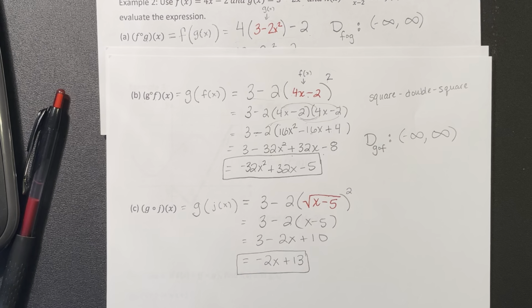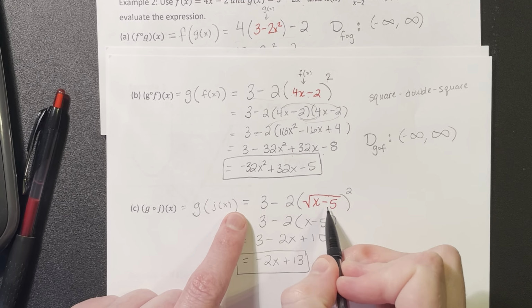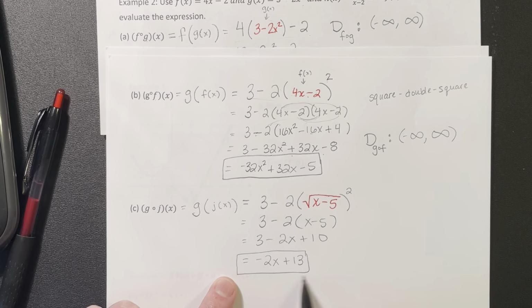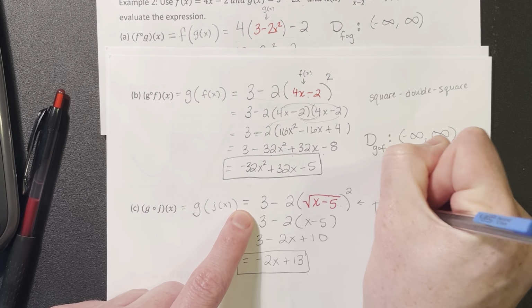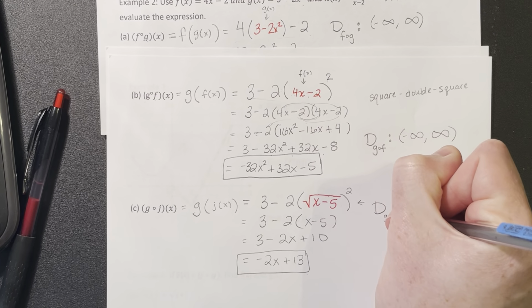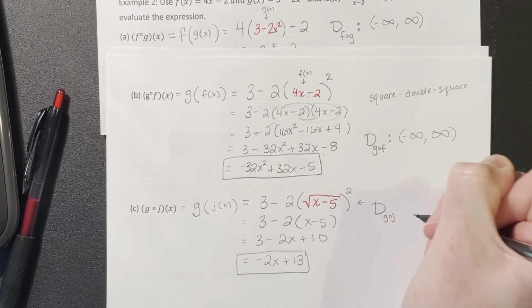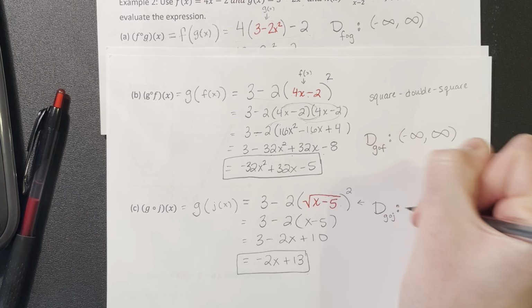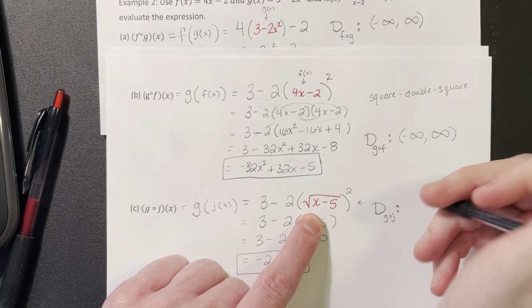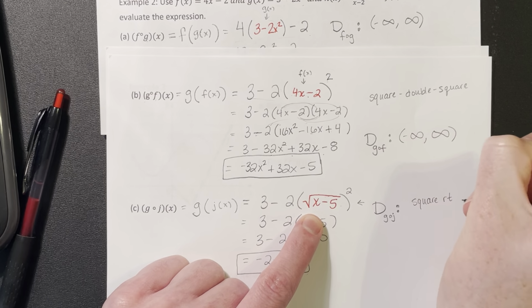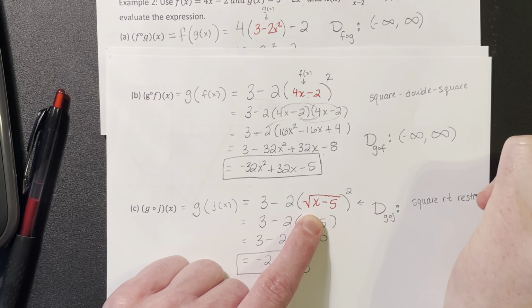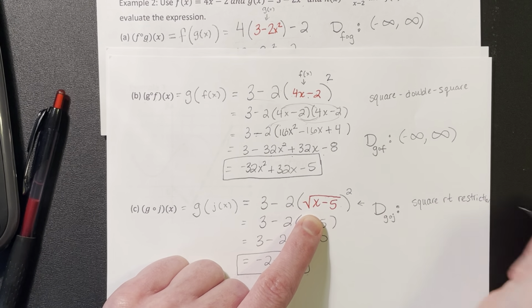And this is why it's important to look back at the original, because if you only look at the end, it looks like there's no restriction because it's a linear function, but there is a restriction to our domain. So let's pay attention to that part too. So domain of g of j, and the square root issue, square root restriction, said that we cannot square root a negative.